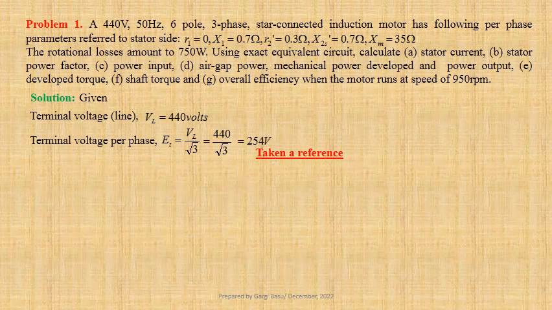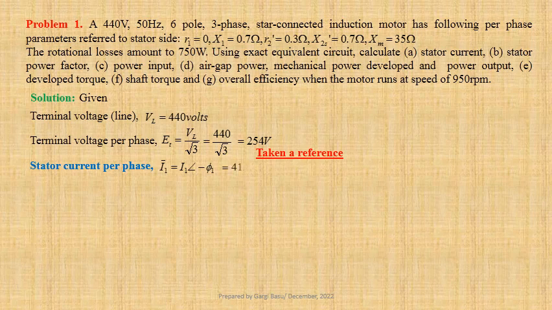In polar form, stator current per phase I1 equals I1 at an angle minus phi 1 equals 41.827 ampere at an angle minus 22.55 degree. For star connected induction motor, stator current per phase equals stator line current.